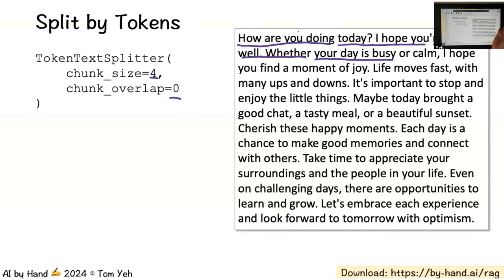And if we have an overlap of 1, what does it mean? Let's use a different color. It means that, for example, we have "how are you doing". For the next chunk, we repeat the last word: "doing today, I hope". And for the next chunk, there's an overlap of 1 more: "hope you are doing". And then the next chunk: "doing well, whether you were".